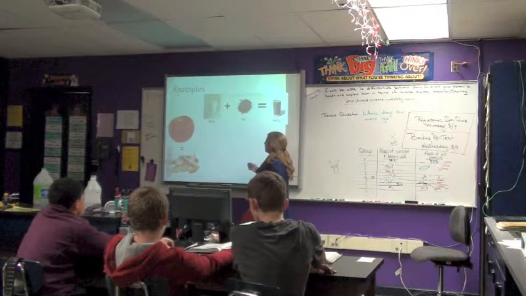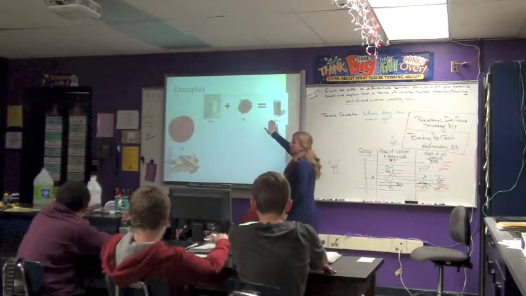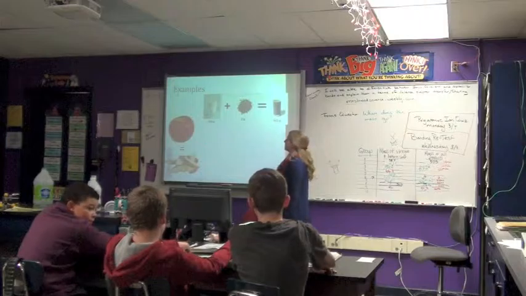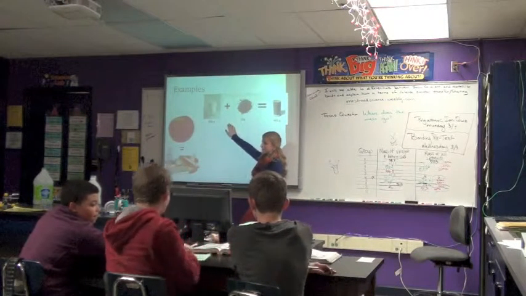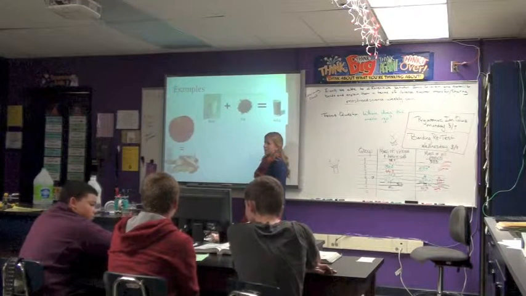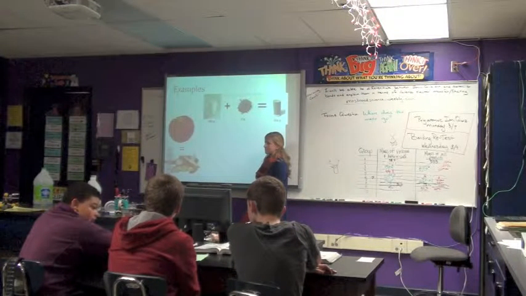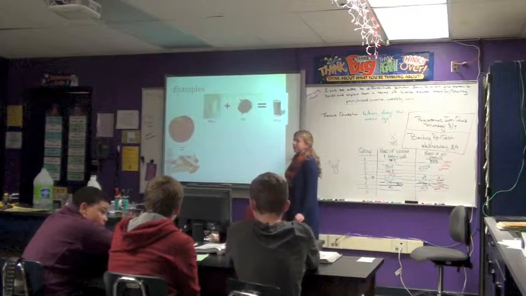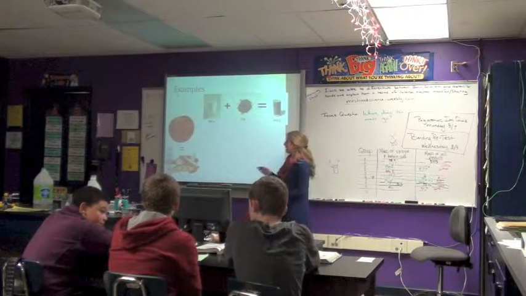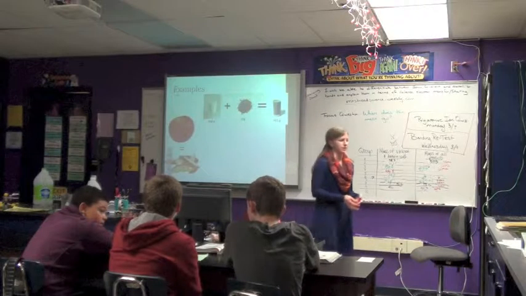So reactants are what we start with. And then this would be called what? Products. So what can we say about the mass of the reactants? What's the total mass of the reactant? Right. And then what's the mass of the product? 465. Yes, so they are equal because of the law of conservation of mass.